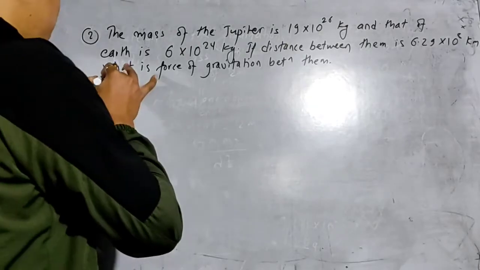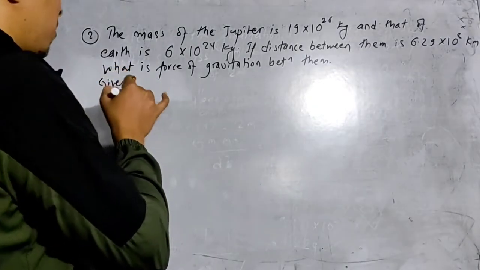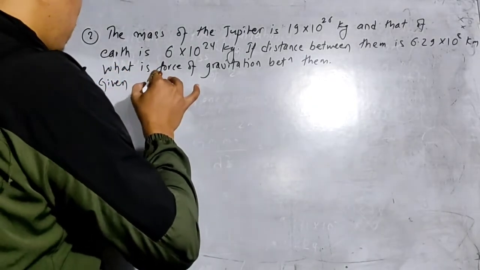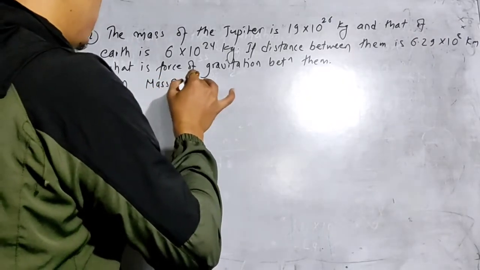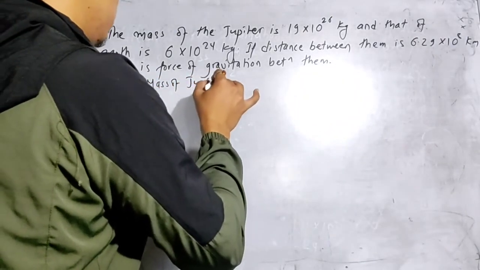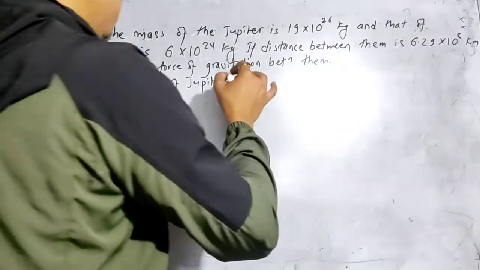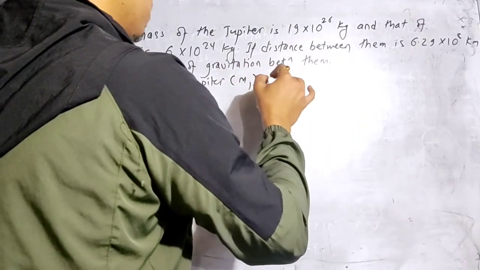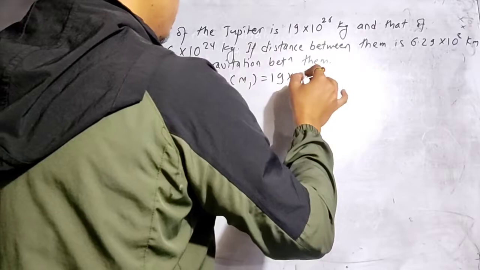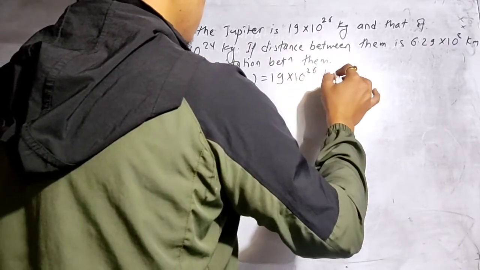Here we have the mass of Jupiter. Let us consider this as M1, that is 19 into 10 to the power 26 kg.